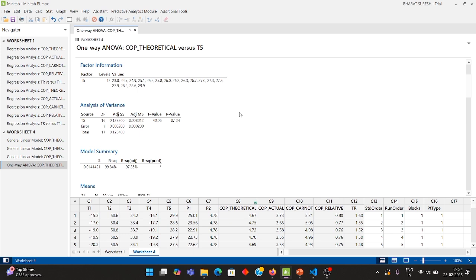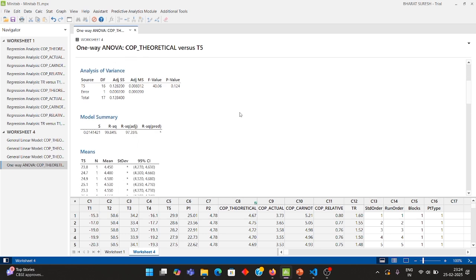The factor information is given by factor T5, levels 17, and the values have also been given, which we have already obtained from our equations, from our readings at the thermodynamics lab. The ANOVA method is applied, in which the degrees of freedom is given, the sum of squares, mean of squares, F value and P value.